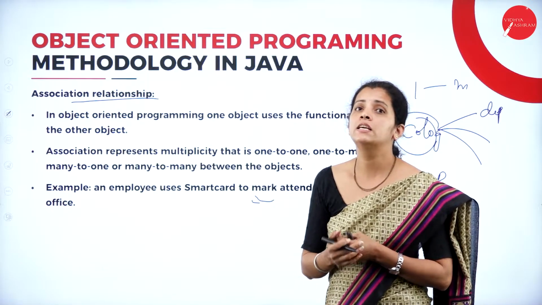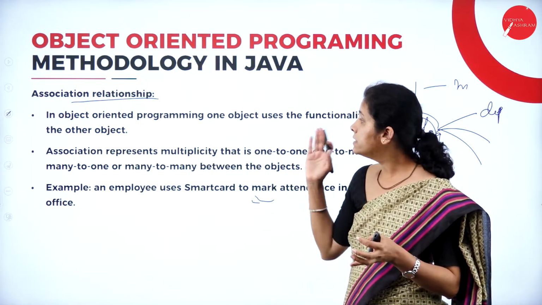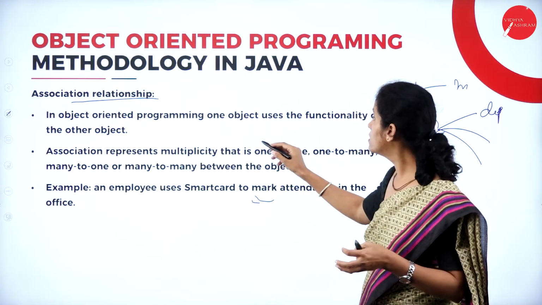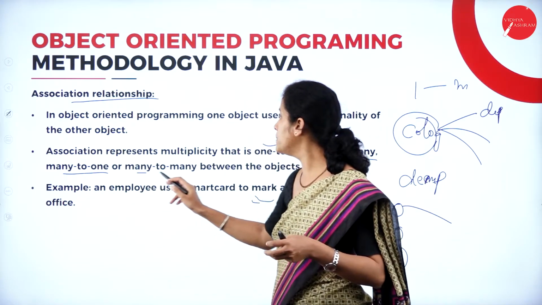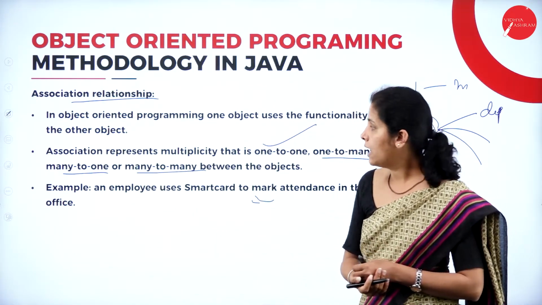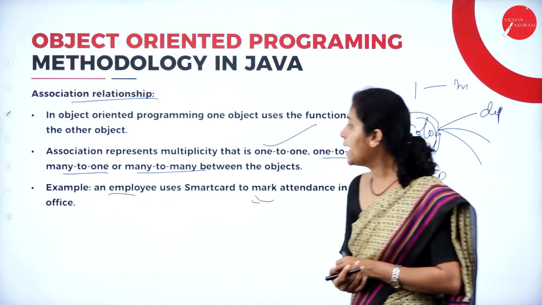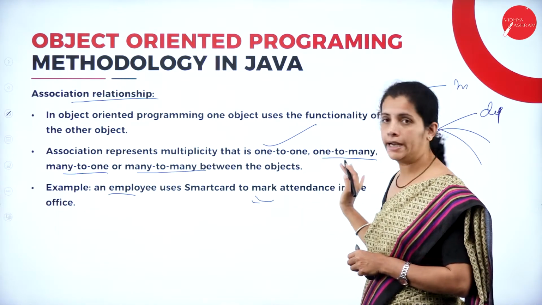That is nothing but the relationship between the objects. And there are four types of relationships, that is one to one, one to many, many to one, and many to many.